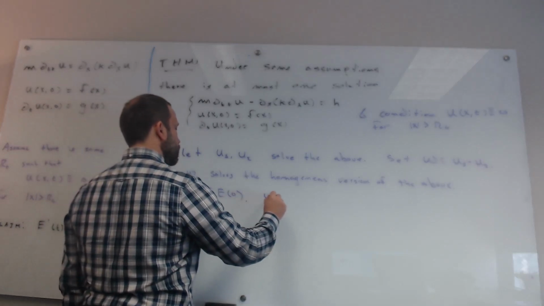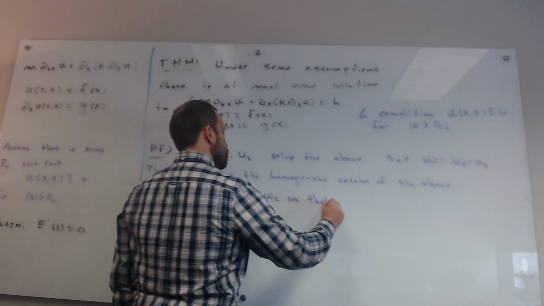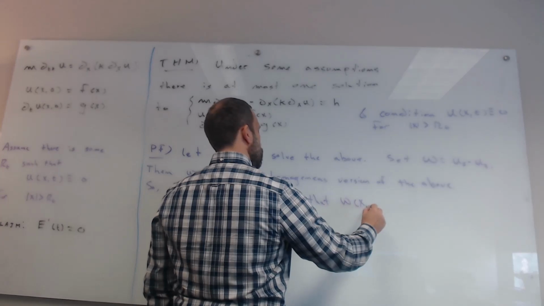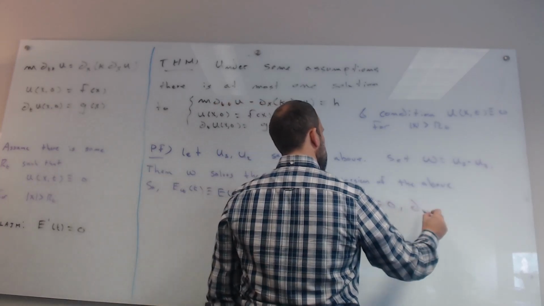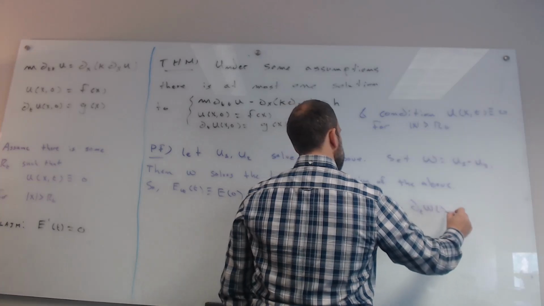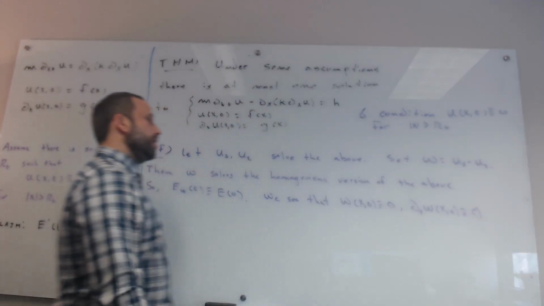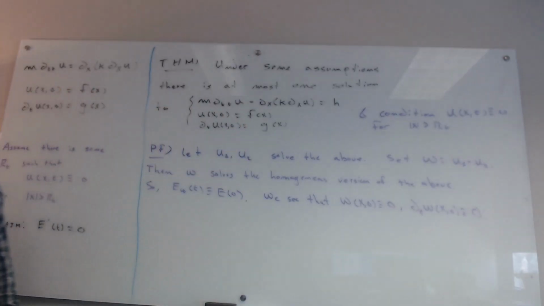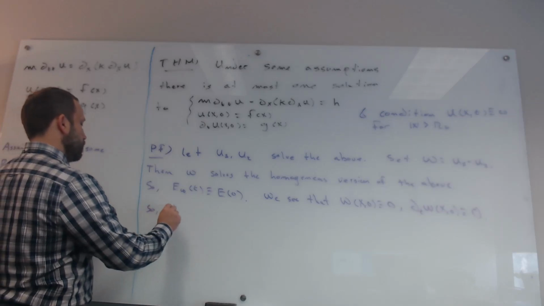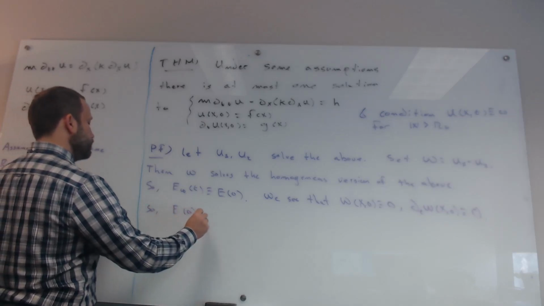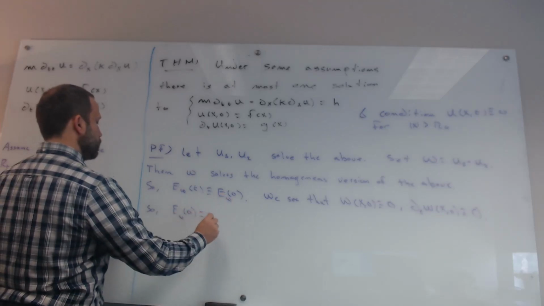We see that w of x, 0 is identically equal to 0, and the t derivative of w of x, 0 is identically equal to 0. Again, that's something that you're going to have to reason through and explain why. So this says the energy of w at time 0 is equal to 0.